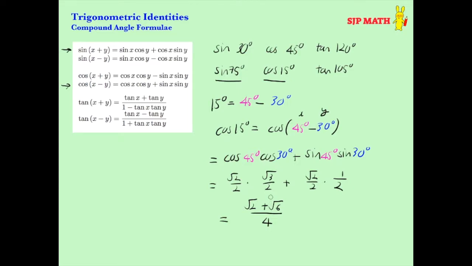Nice. So here we got the exact value of the cosine of 15 degrees by putting 15 degrees as the difference of two angles in the unit circle, and then using this equation to use these cosine and sine values of these angles to find the exact value of the cosine of 15 degrees.